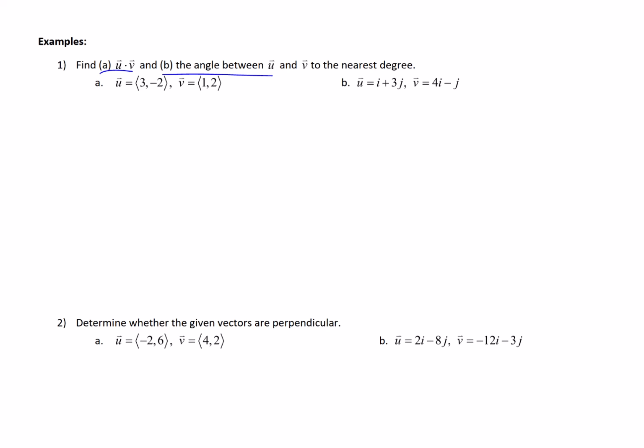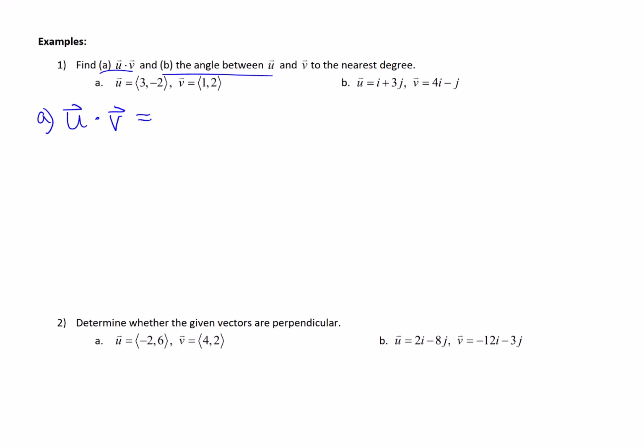So let's start with example 1a. We'll do part A. Of course, part A in the instructions was to find the dot product. So we want to find vector u dot vector v. We have the definition above, and we have the components given for these vectors.